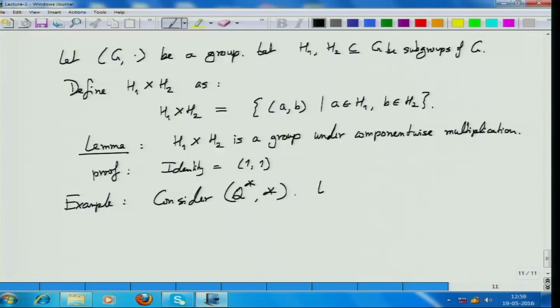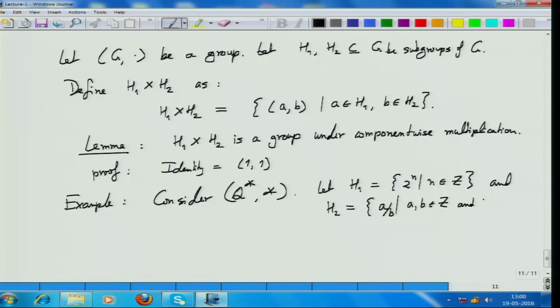And we define H1 to be 2 to the n, n in Z, and H2 to be all rational numbers in Q star of the form A by B, where A, B in Z, and 2 does not divide A or B. Of course, I have to say A, B not 0 also.